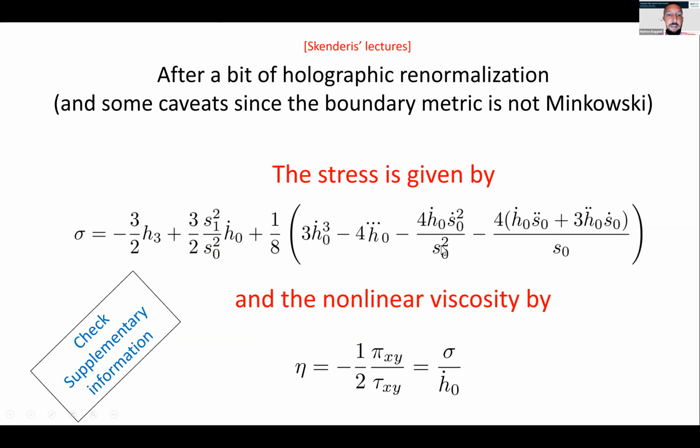So you can check pretty easily that if you go to the linear regime, this definition again boils down to the standard definition of H3 divided by H0 dot. So that's basically a simple check that you can do that you are doing things correctly.